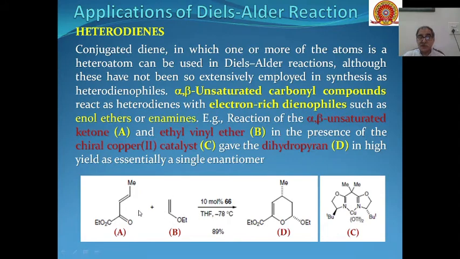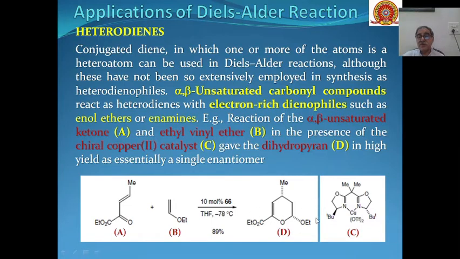And you can see here this is not a normal Diels-Alder reaction but an inverse electron demand Diels-Alder reaction, because here this is an electron-withdrawing group, the C=O group, and you have an electron-rich substituent on the dienophile. So in the presence of this chiral copper catalyst, it gives us an optically active product.